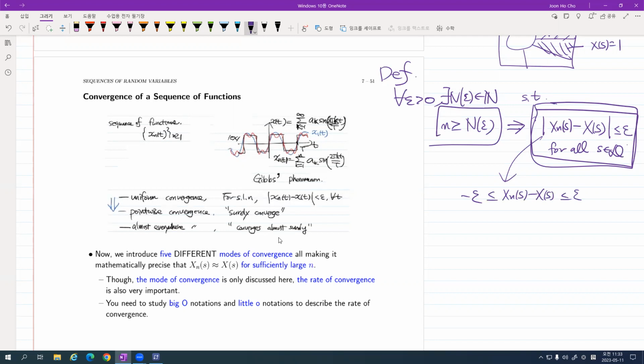You add x of s to the three sides. And this means you subtract epsilon from the limit function or target function. So in this case, what do you have? Am I right? That is x minus epsilon for every s. And you add plus epsilon.